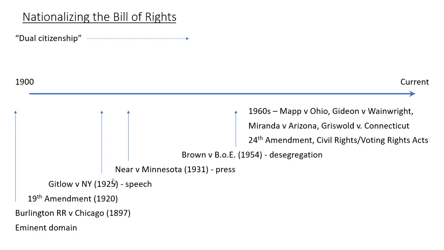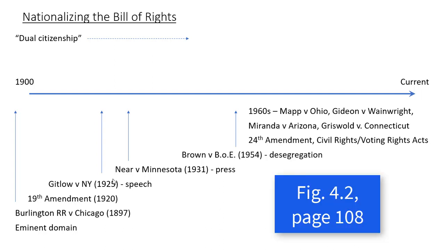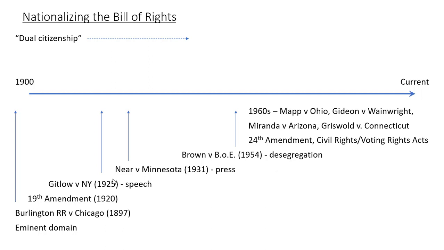You can see on page 108 in figure 4.2 that in the aftermath of Brown versus Board of Education, the Southern schools did not really move at all on desegregation. So the Civil Rights Act was meant to put some teeth behind that, and you can see how it changed dramatically after the Civil Rights Act was enacted.